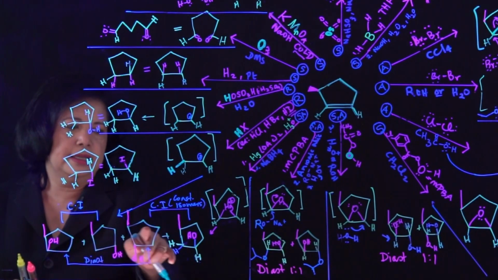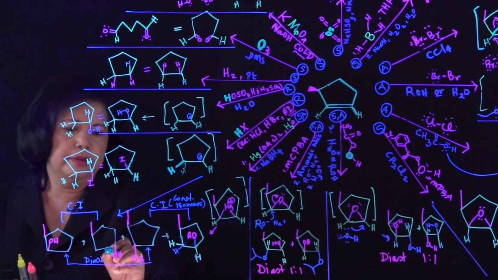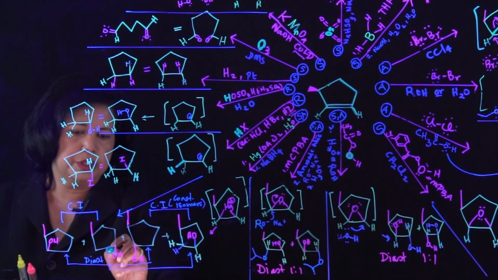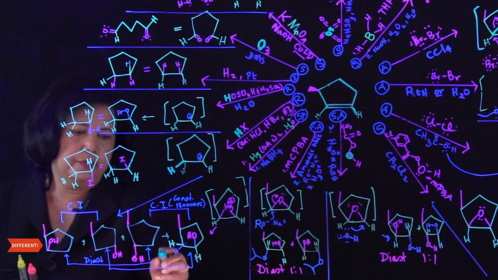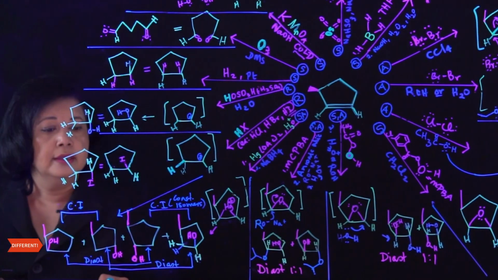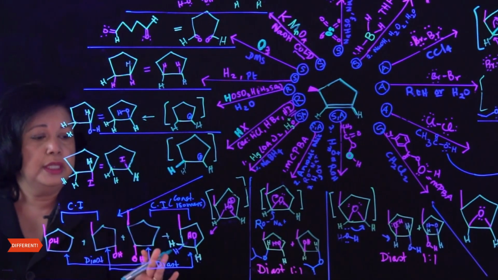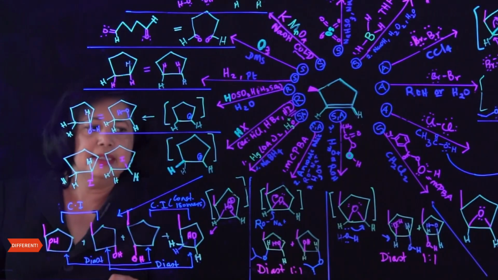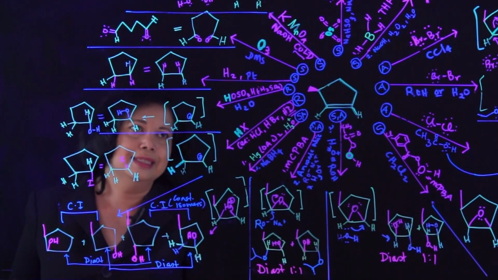This and this, they're connected to the same things. However, this one and this one have one of them in the same direction and the other one is flipped. So these are 2 diastereomers. So we'd have absolutely no enantiomers. We got 4 diastereomers. So that's a little different here.